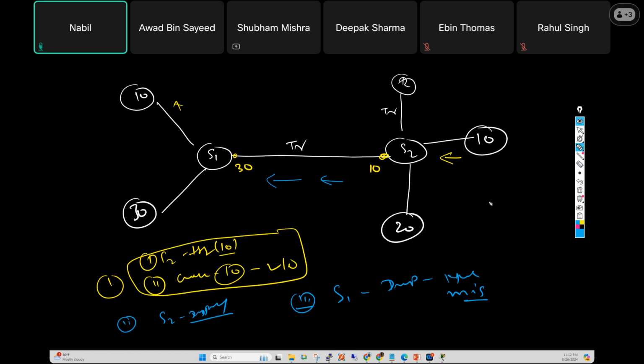But native VLAN 30 is defined here at S1, so it will forward the frame to VLAN 30. So you are telling it will forward the frame towards VLAN number 30 because it is intact.